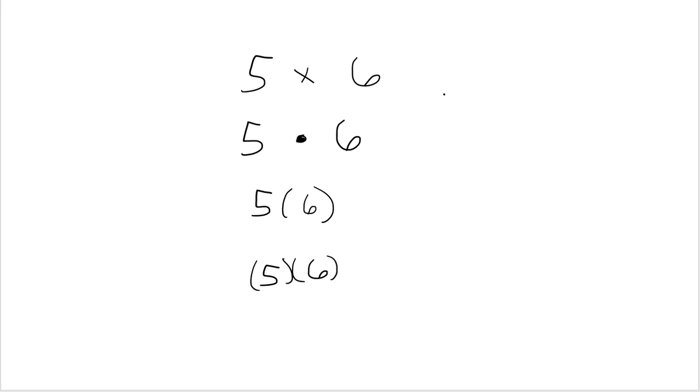And then I want to show you a couple of the ways that you may see division in math. One of the ways that you may see division is just with a division symbol, like 42 divided by -7. Or you might see it written as a fraction.